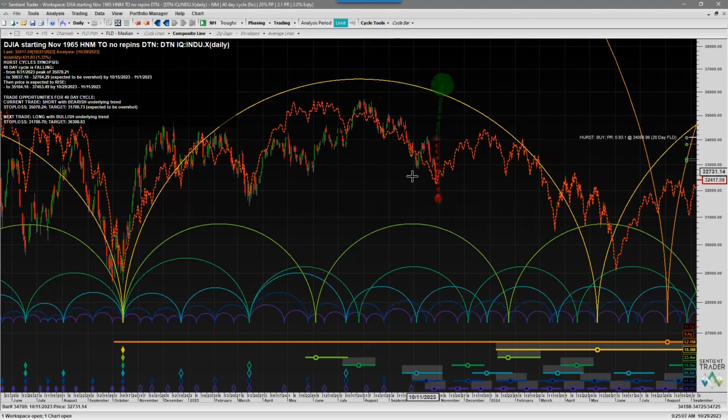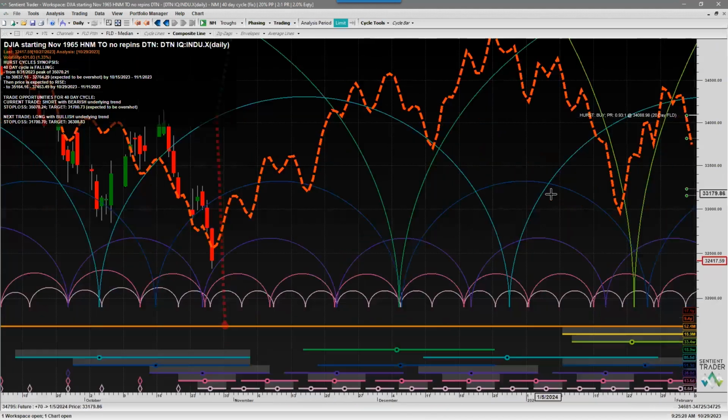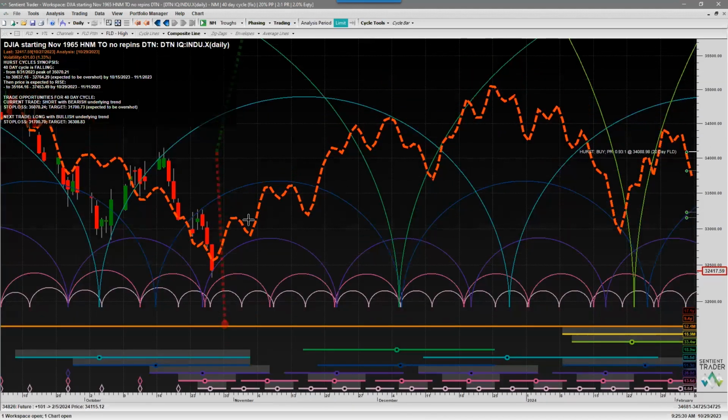But Hurst has decided it doesn't know for sure where that 40-week cycle trough was, but it still is able to go about its business based on what's happening with the smaller cycles, as well as the larger cycle. And you'll notice that the composite line is bullish from approximately now.